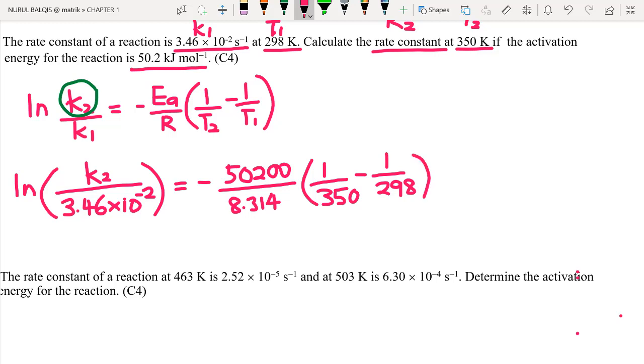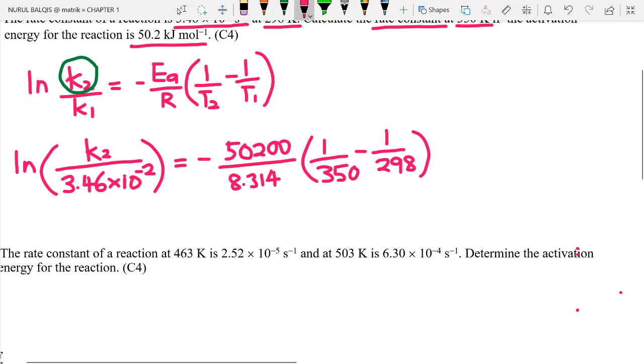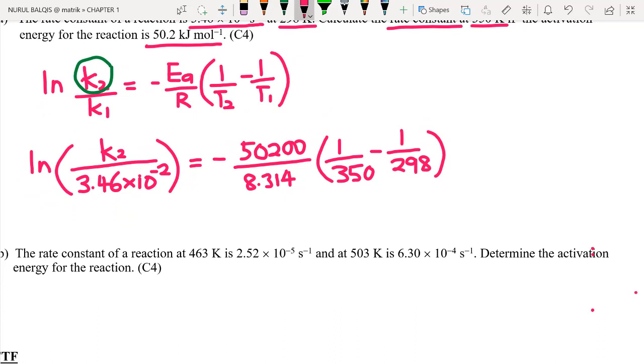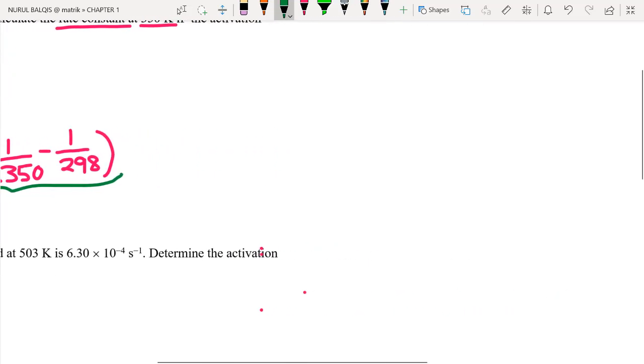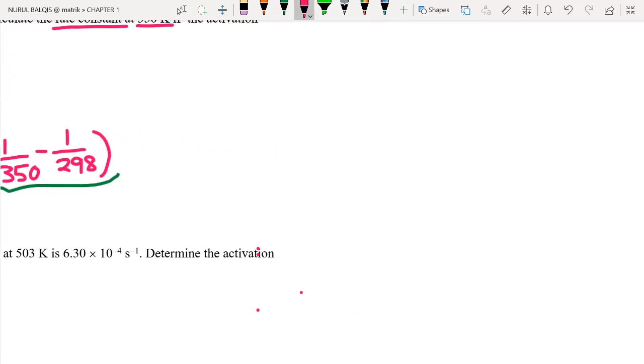Once we substitute all the values, you first calculate this value, and then you shift-ln the answer on the right. Only then can you multiply it with K1. Lastly, your final answer of K2 is going to be 0.702.